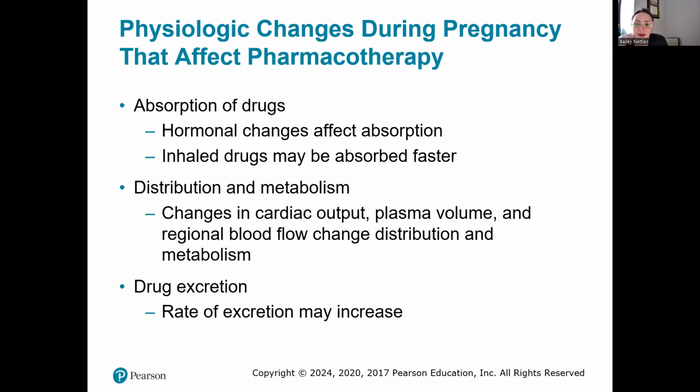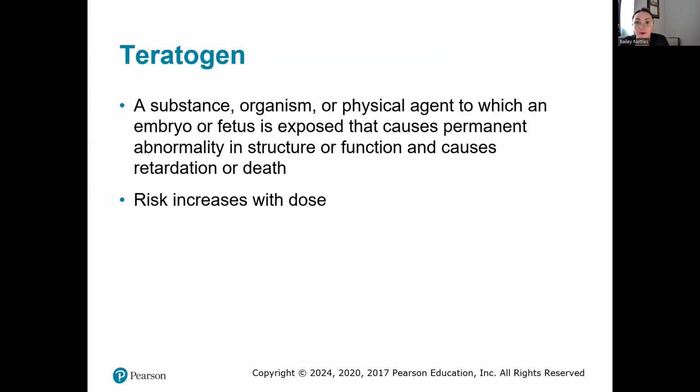So that's definitely going to affect how the medication's distributed. And then your rate of excretion may increase because in the beginning, before the baby has kidneys, you're the baby's kidneys. So you have to filter out those toxins, especially until the baby's kidneys are working themselves.